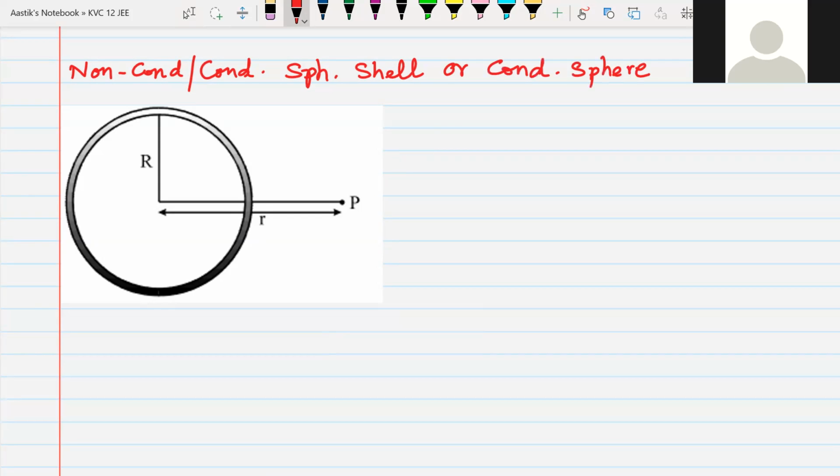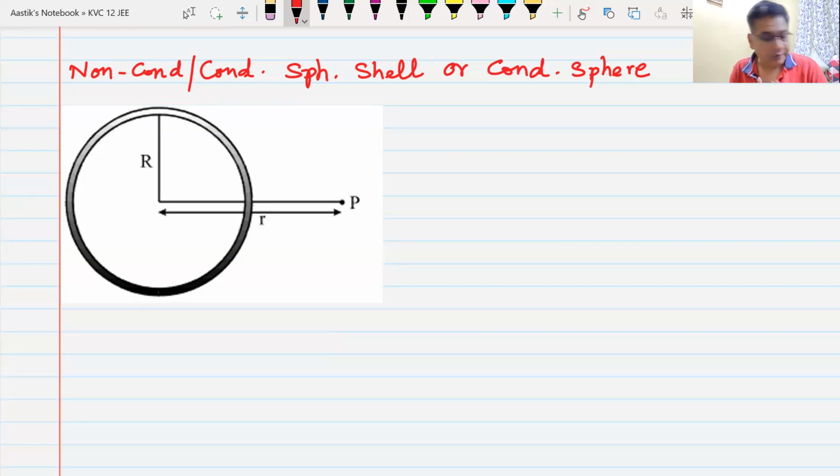What is the electric field due to this? KQ by r square.